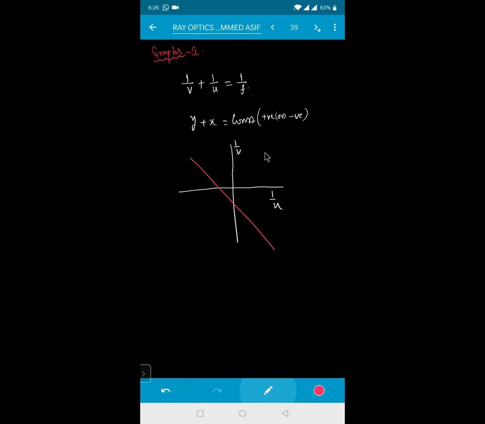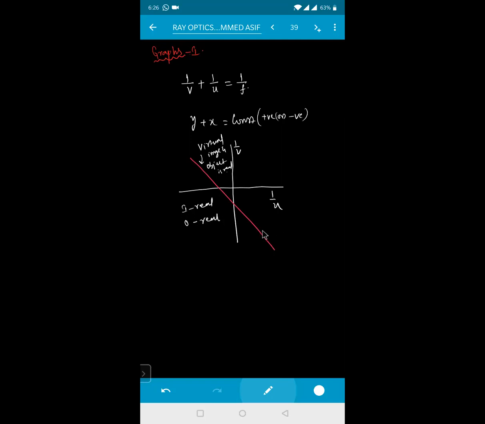So when the object is here, there is no virtual image of a virtual object, beta. If I'm taking the object here, it is in the second quadrant. So this represents a virtual image and a real object. When the object is real, the image will be virtual. Here I represents the image and O represents the real object.